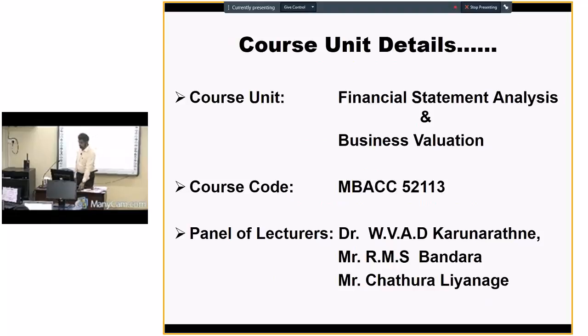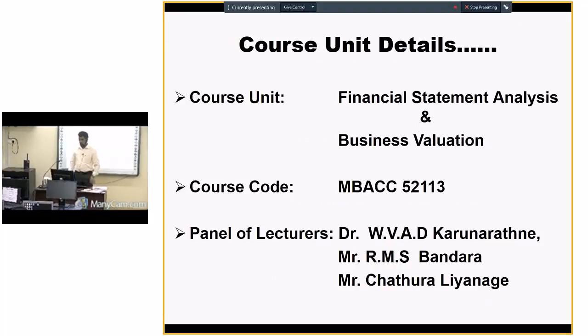With that course outline. I already uploaded the course outline. You can be aware of that. Mainly you can see the course code of this course unit and the name of the course unit, and the resource persons of this course unit.